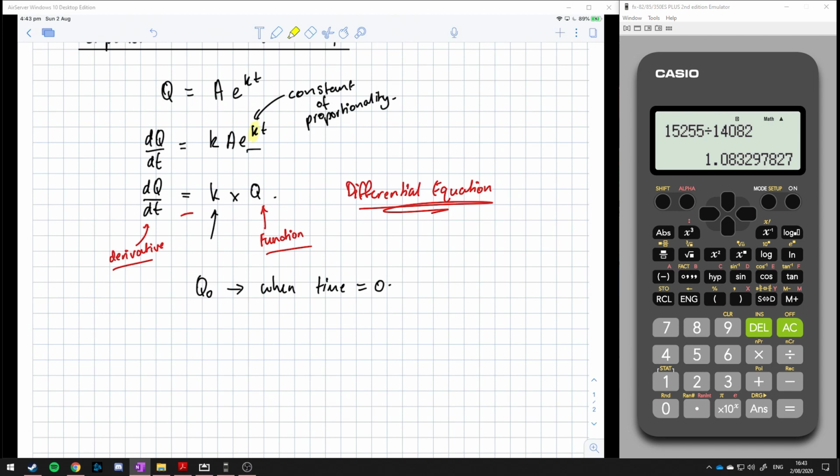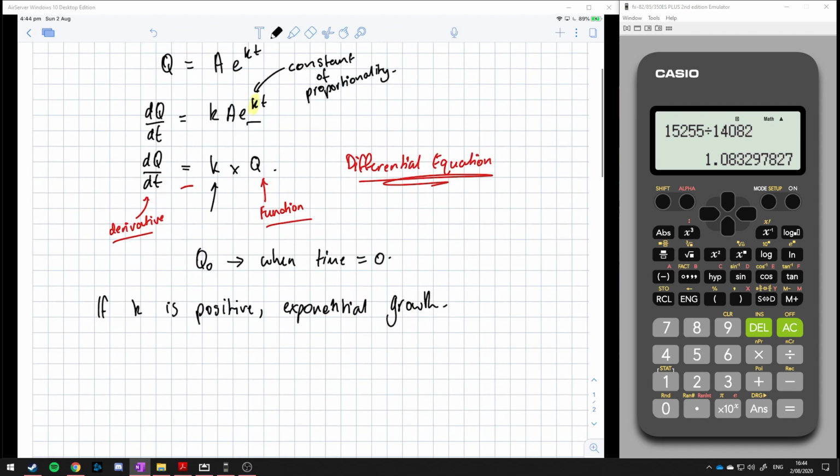Suppose that k is positive. Then q increases without bound as t tends towards infinity, and because the derivative is equal to k lots of q, we know that q increases at an increasing rate. This behavior is exponential growth. So essentially, if k is positive, we have exponential growth.